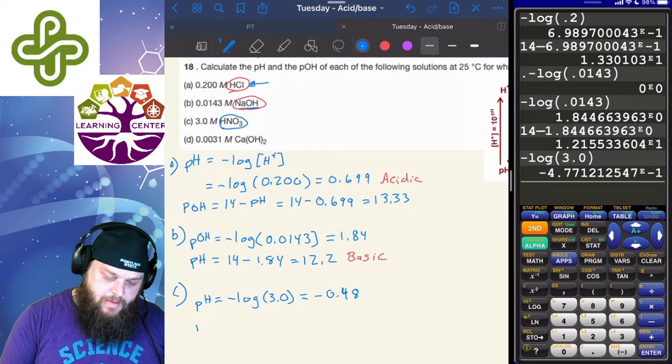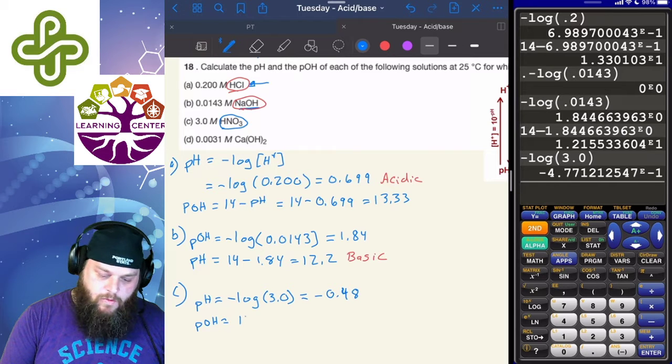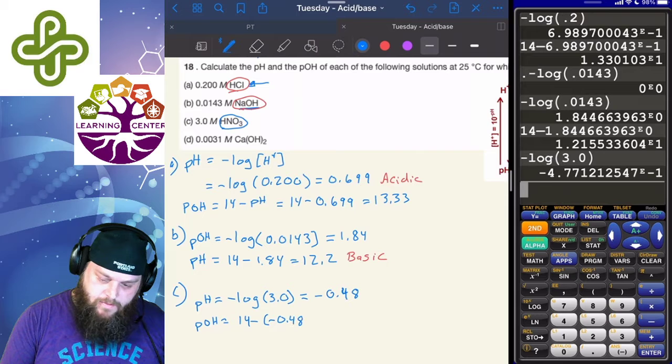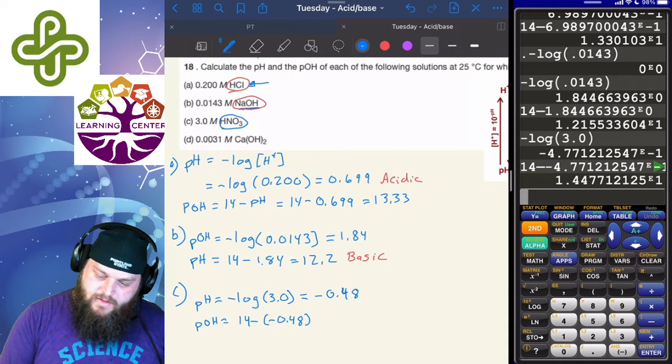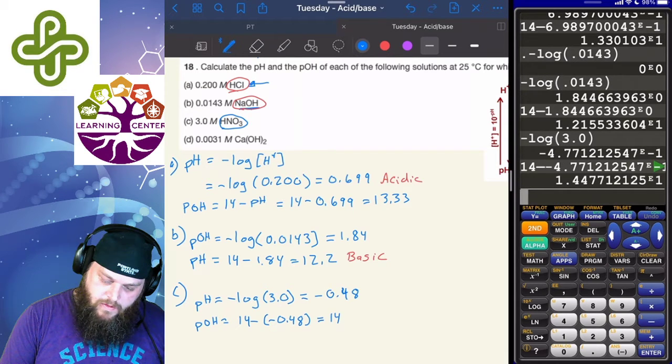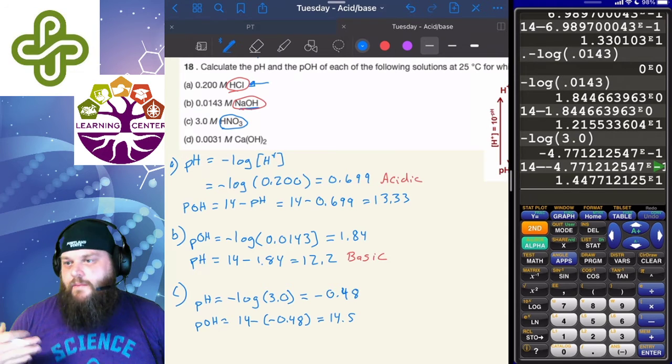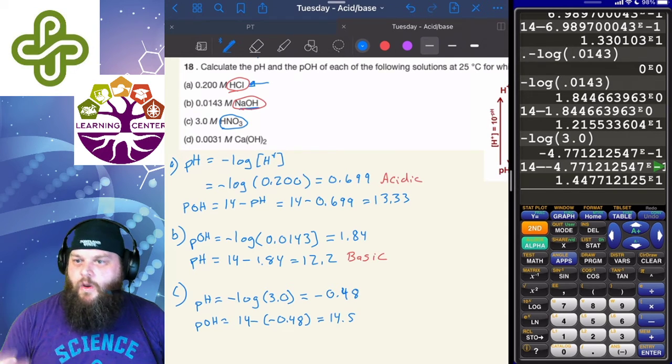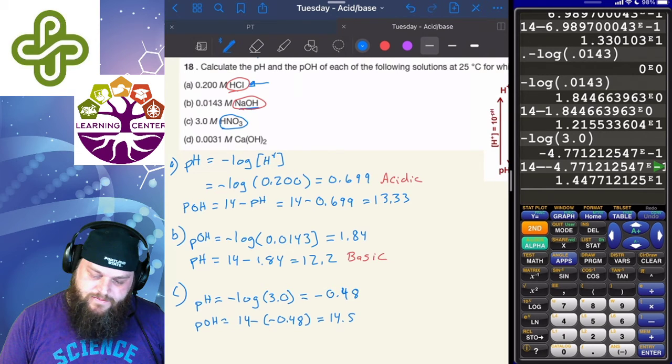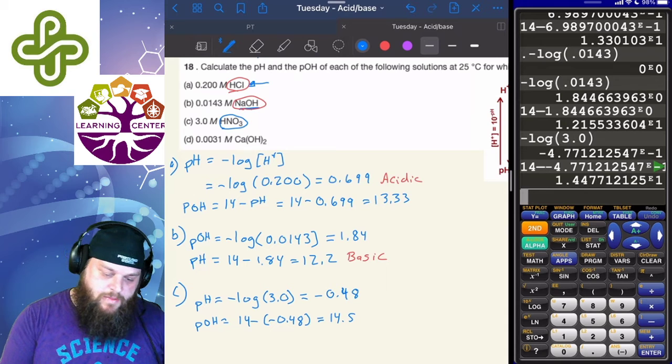If we were to find the pOH based on that, it would be equal to 14 minus that negative 0.48. 14 minus that value is going to be equal to 14.5. And you can see that pOH is actually greater than 14 as well, which is understandable. So that's the pH and the pOH for that one.